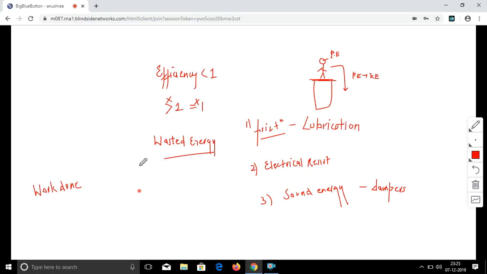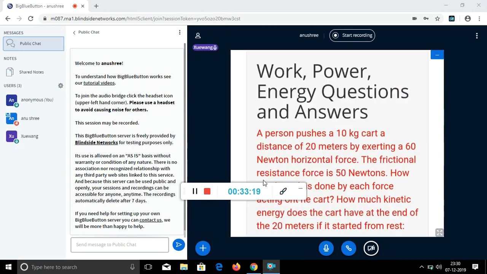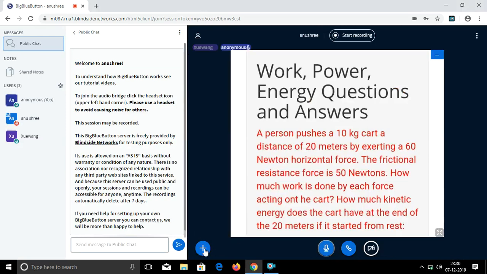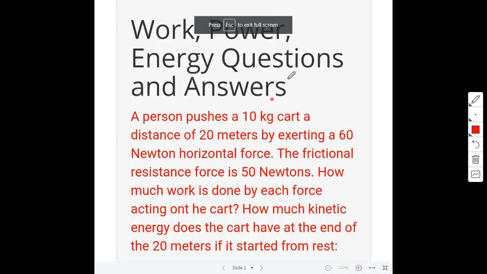Okay, I'm just writing it. First thing is that we have to calculate the total work done. So we have calculated it to be 60 multiplied by 20, which is equal to 1200 joules. Then there is a work done by the frictional resistance force.